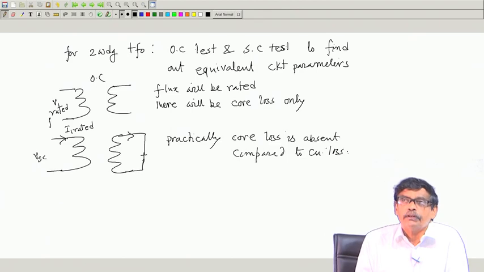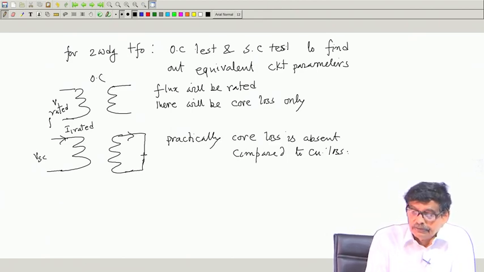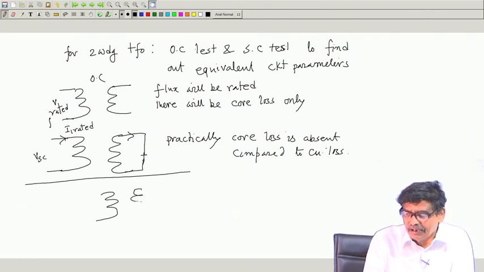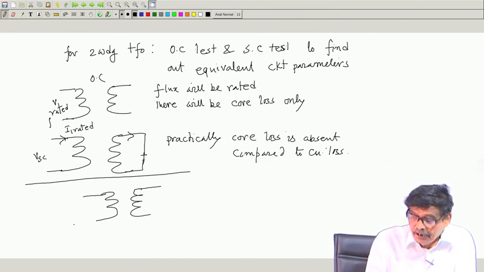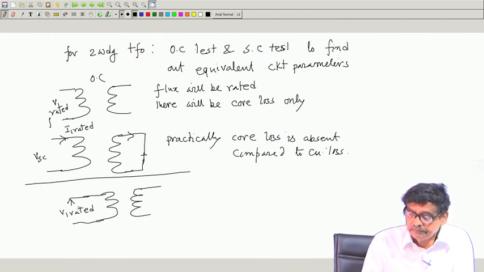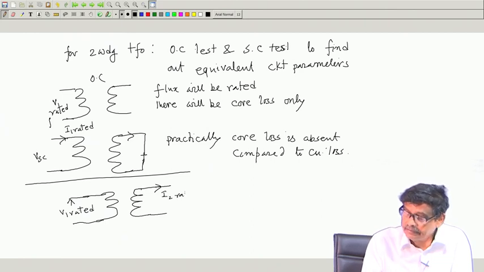Okay. And when the transformer will be in use, this is during test, this I told, but I am once again repeating, it is better to repeat, keep these points in mind. When the transformer will be in operation, it will be V 1 rated here also, and the windings will carry rated current, both the windings, at full load condition.